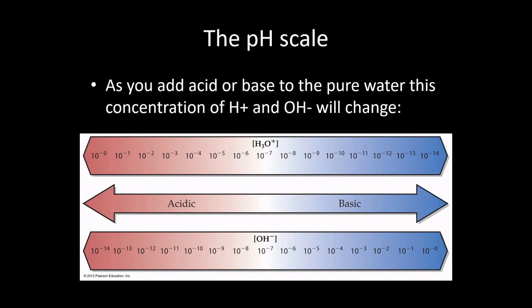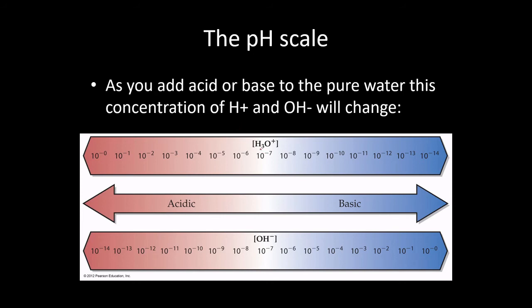You're never going to have a solution with a bunch of H plus and a bunch of OH minus. They would just react together to get back to what we call normal. They would neutralize each other, if you remember. There's always just going to be a small amount of one if you have a lot of the other.